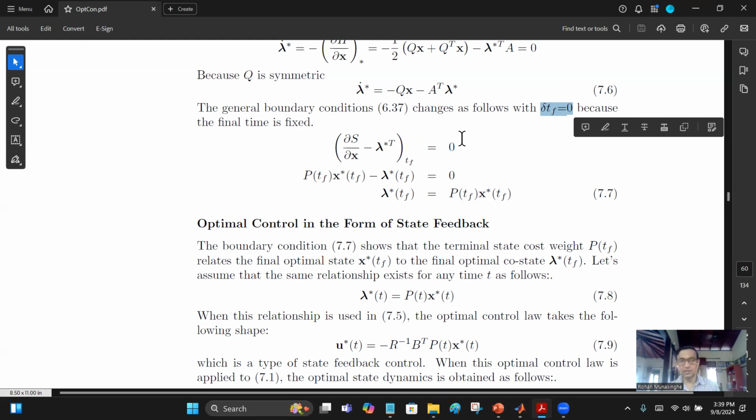So there are cases of infinite time control, which means the final time is not fixed. Don't misunderstand that. Infinite time doesn't mean that it is actually infinitely long. It only says the final time is not fixed.